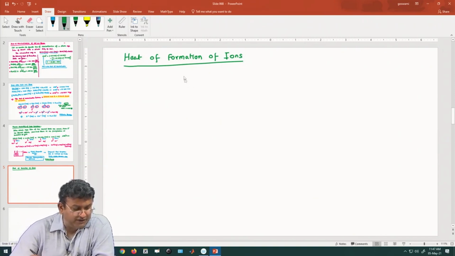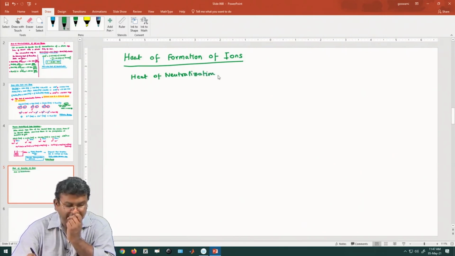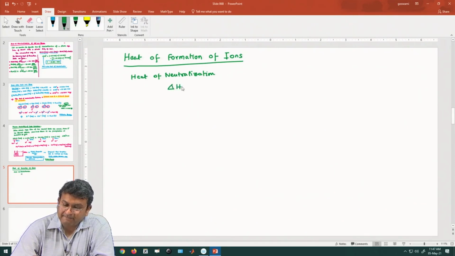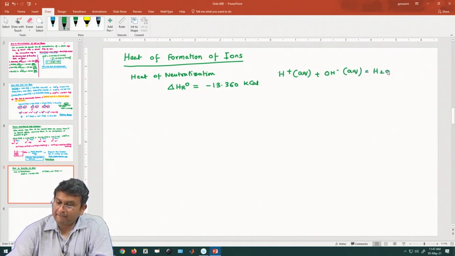So, what we have got from the previous lesson is that the heat of neutralization, or in even simpler terms the heat of reaction, is minus 13.360 kilocalorie for this reaction. Right.